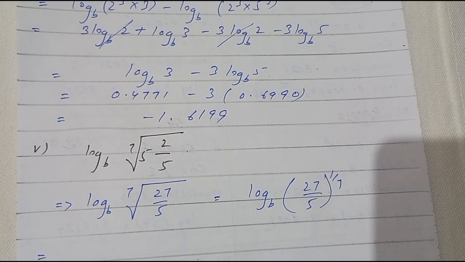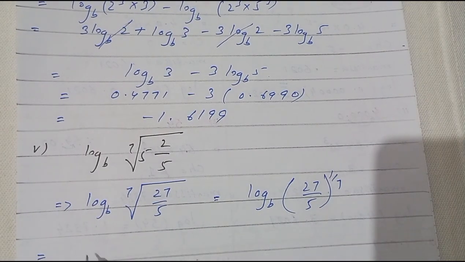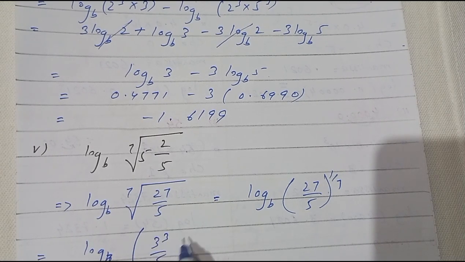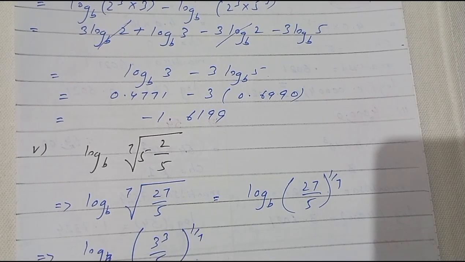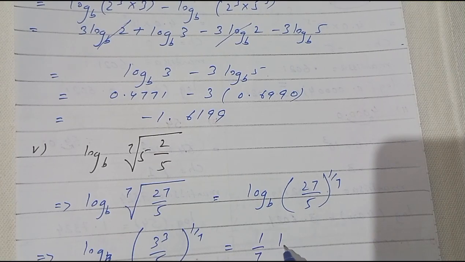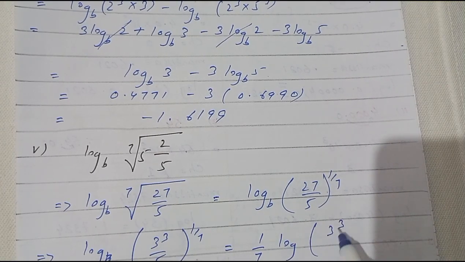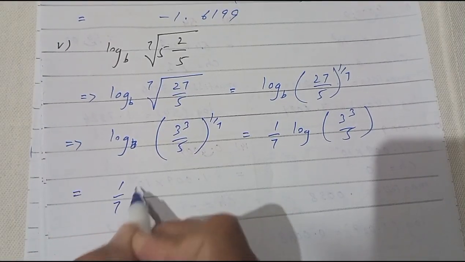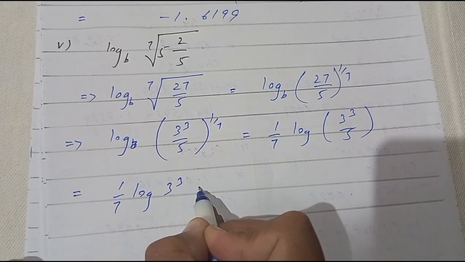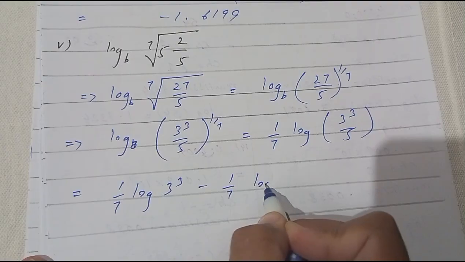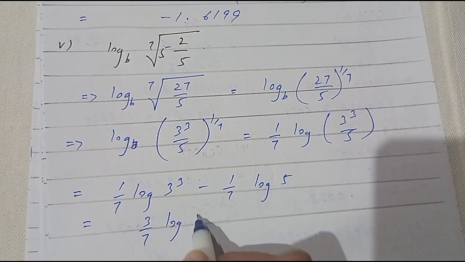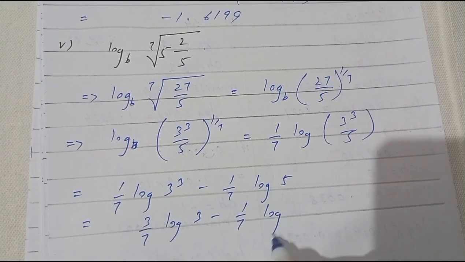Now we can factorize 27 as 3 cube divided by 5. Applying power law, we will get log of 3 cube over 5. Now applying quotient law, we get 1 by 7 log of 3 cube minus 1 by 7 log of 5, and by the power rule we get 3 by 7 log of 3 minus 1 by 7 log of 5.